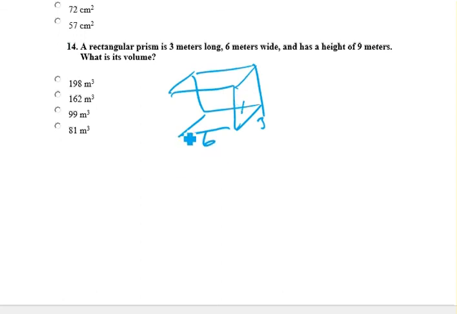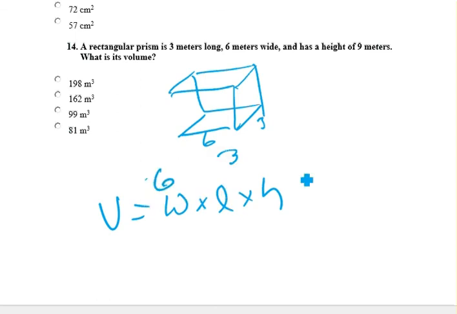Volume equals width times length times height. 3 meters long, 3, 6, and 9. Multiply all those together. 6 times 3 is 18. 18 times 9.